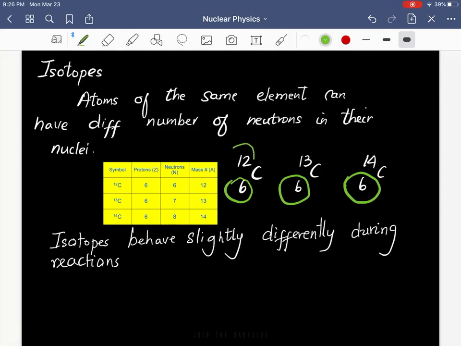But one thing that is different is the number of neutrons, or the mass number, which in turn comes from the number of neutrons. You can see that the number of neutrons in carbon-12 is 6, whereas in carbon-13 it is 7, and in carbon-14 it is 8. And because they have slightly different mass, they are going to have different chemical reactions.